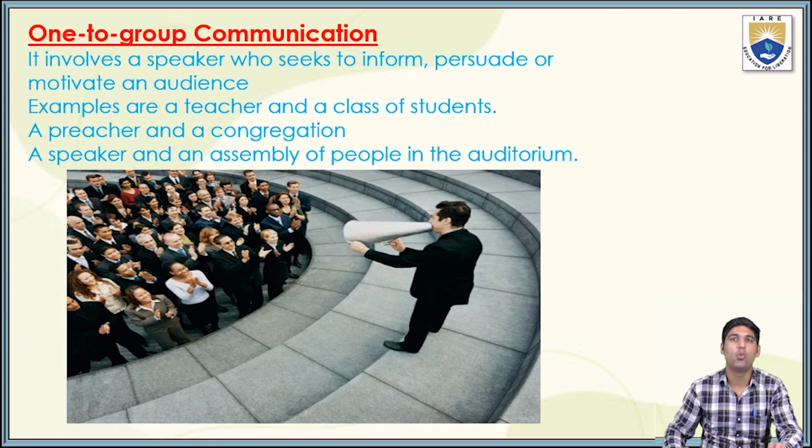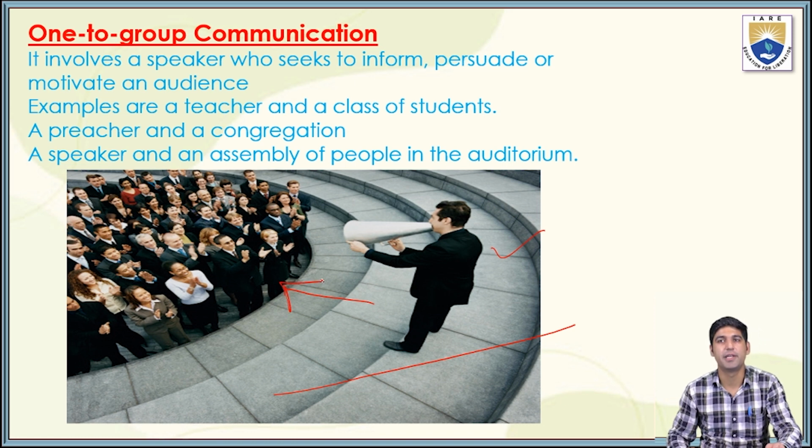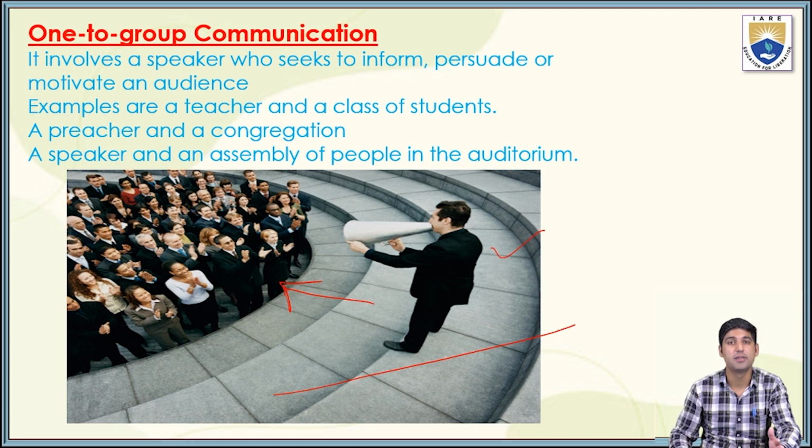Then we have one-to-group communication. This picture can tell you: there is one person communicating with the group. It requires a speaker who seeks to inform, to persuade, or to motivate an audience.